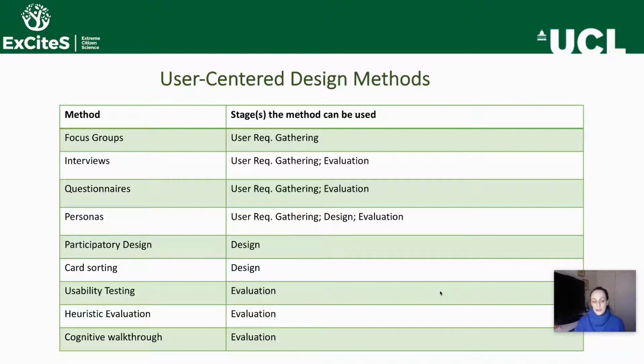Also, in last week's lecture, we reviewed some of the user-centered design methods. In specific, we went through the method of personas in more detail. This week, we will focus mainly on the last 3 methods, which are usability testing, heuristic evaluation, and cognitive walkthrough, which are mainly used for evaluation purposes.